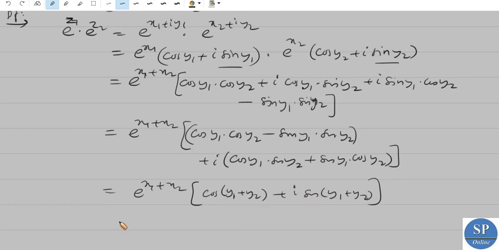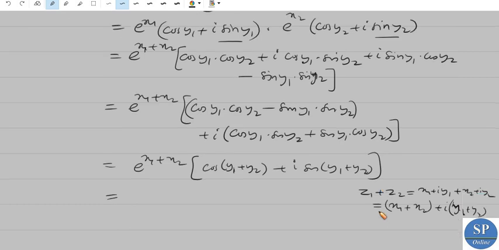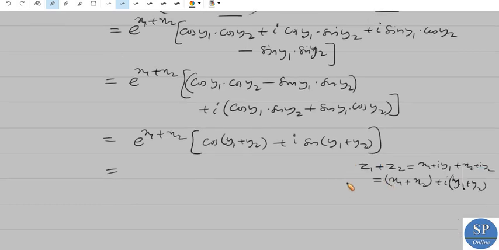We have z1 plus z2 equal to x1 plus I y1 plus x2 plus I y2, which is x1 plus x2 plus I into y1 plus y2. So the exponential of z1 plus z2 is nothing but e power x1 plus x2 into cos of this plus I sin of this, which is equal to this.